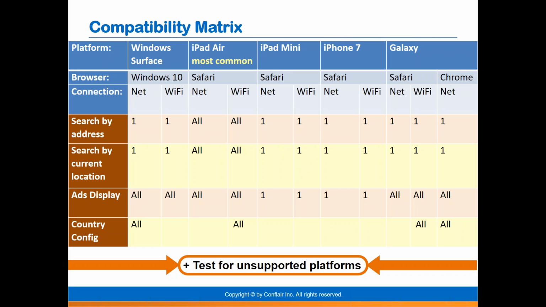Safari in iPad Air, iPad Mini, and iPhone 7, because the vast majority of our users don't install a new browser. In Galaxy, we use Safari and Chrome. And we have two types of connectivity, the regular network and Wi-Fi. Okay, good. Of course, your real one would be much longer in most cases.